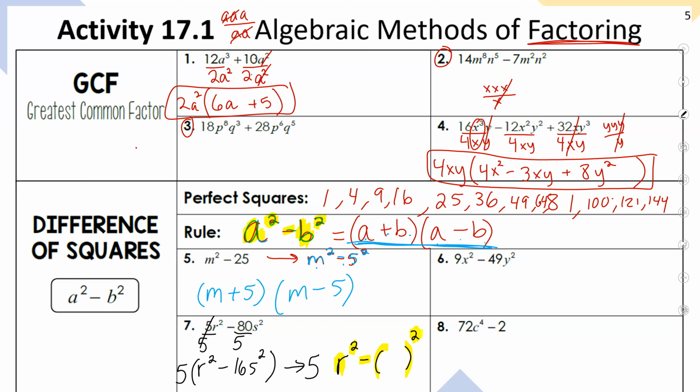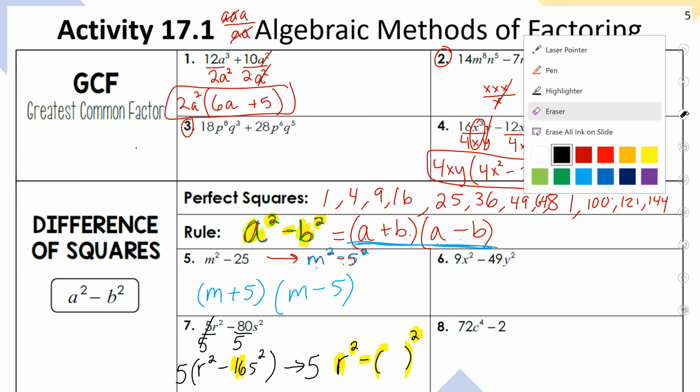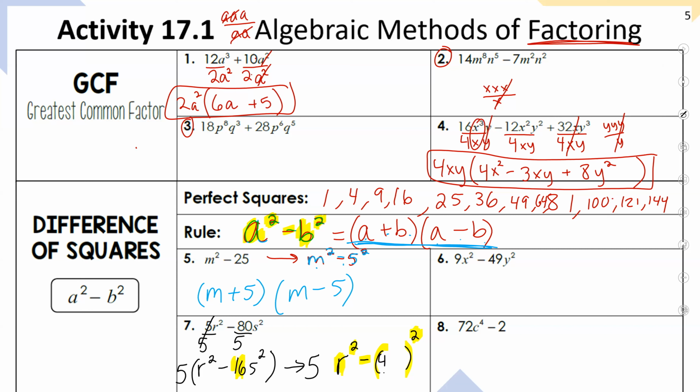Now, how can I rewrite this 16? Yes, I can put a 4 in here. So guys, draw some parentheses and put a 4 in there. We're going to put a 4 right there, because 4 squared will give me the 16. And then put an s. So guys, we rewrote 16s squared as 4s squared.